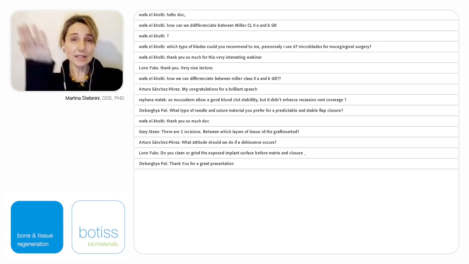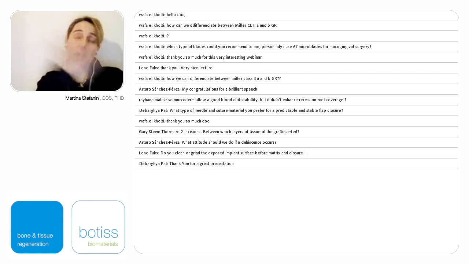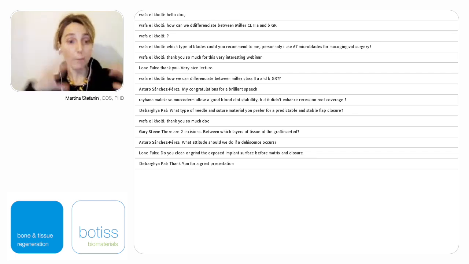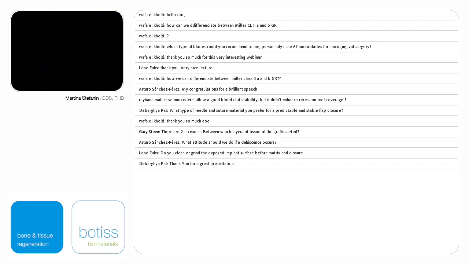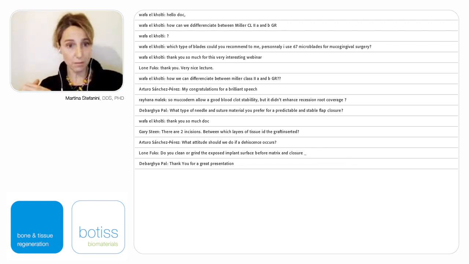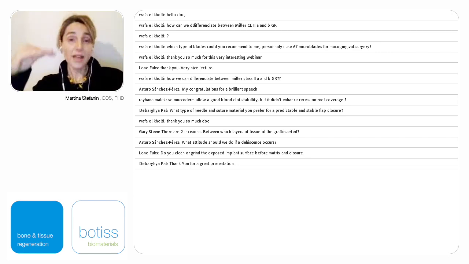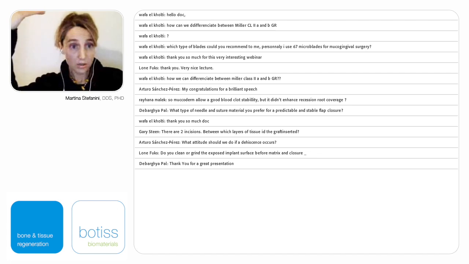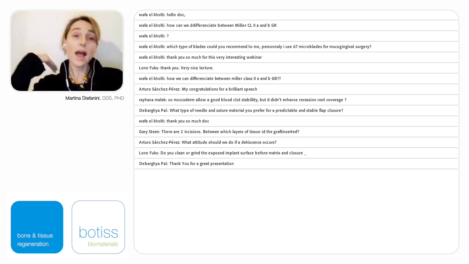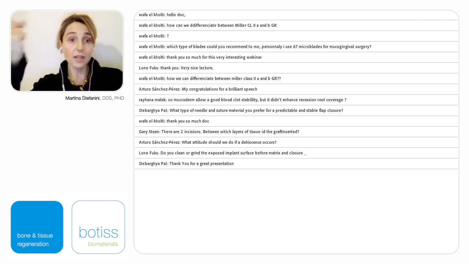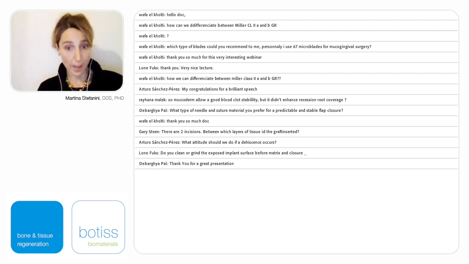The two incisions, that are the deep split thickness incision and the superficial split thickness incision, are more apical with respect to the position of the matrix. The matrix is placed at the level of the cemento-enamel junction and reaches the bone crest. Then the other two incisions are more apical and are performed in order to obtain the coronal advancement of the flap.